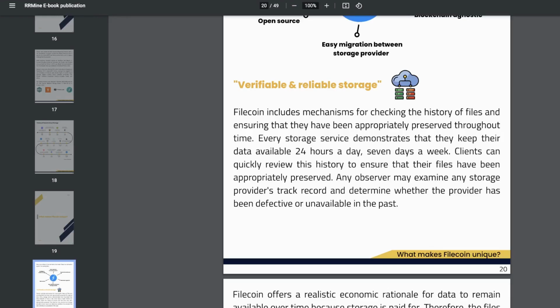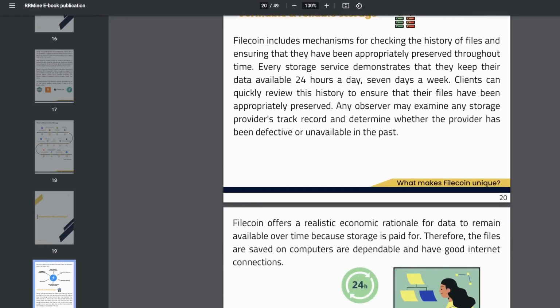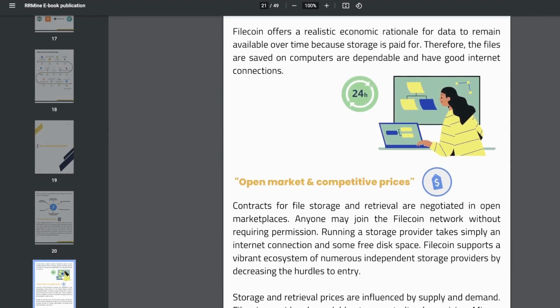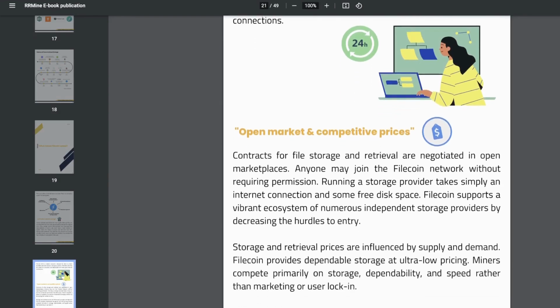Any observer may examine any storage provider's track record and determine whether the provider has been defective or unavailable in the past. Filecoin offers a realistic economic rationale for data to remain available over time because storage is paid for. Therefore, the files are safe on computers that are dependable and have good internet connections.